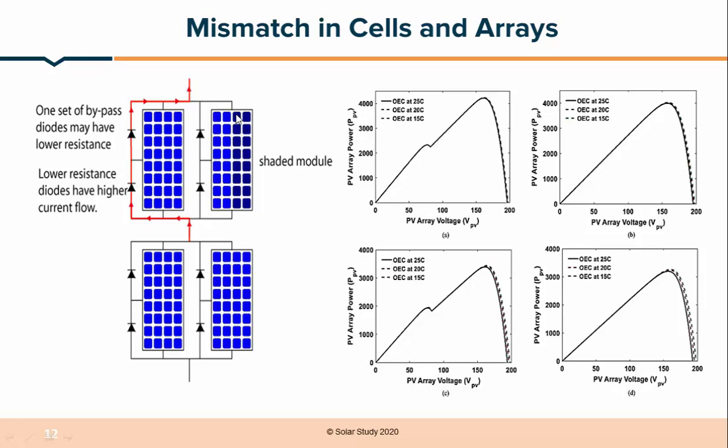These two columns are completely inactive and only two columns are giving power. Suppose this complete panel gives 36 volts, but because of the shading it is only able to produce 15 volts. Now we can see the mismatch in the solar cell or solar module.